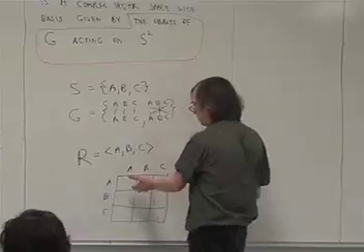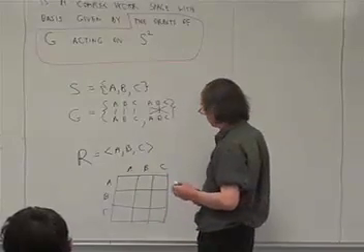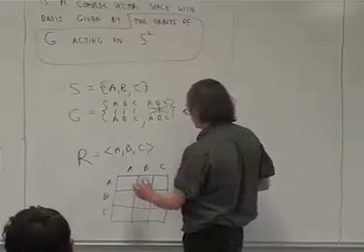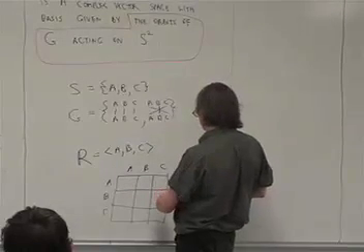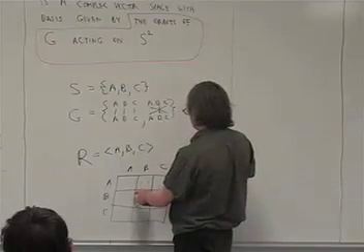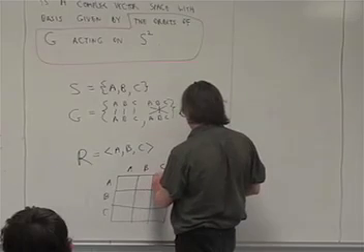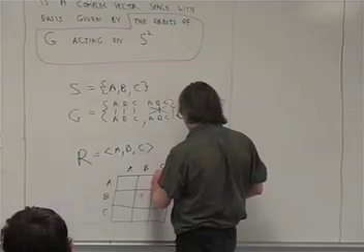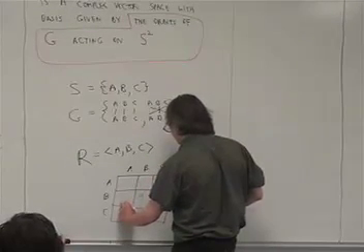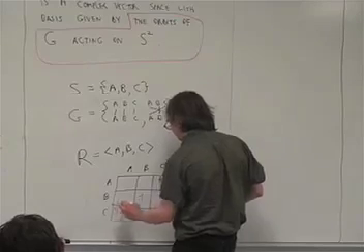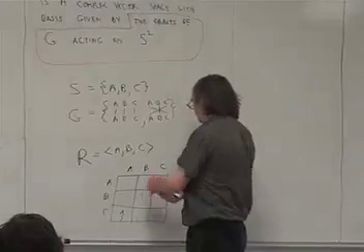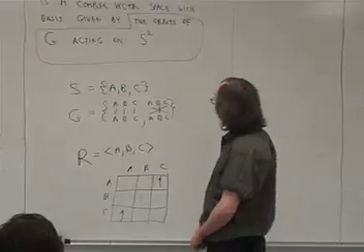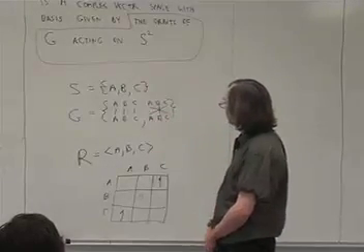It should have 1s on the other diagonal, the top right to bottom left diagonal, and 0s everywhere else. So that's the matrix that represents the action of our non-trivial group element.